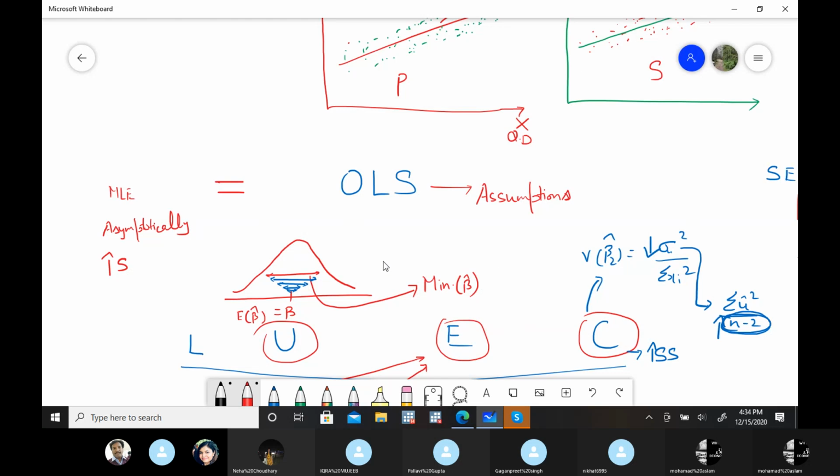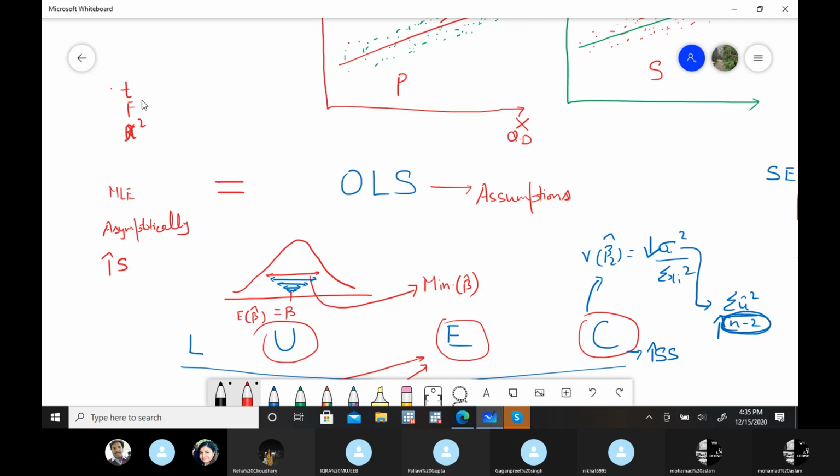This is econometrics, and your inferential side is running side by side. Definitely we have to do hypothesis testing. In hypothesis testing we are using t and F, and sometimes chi-square.